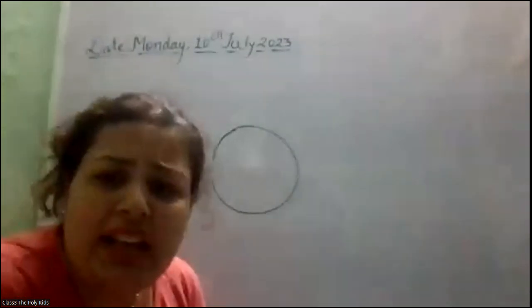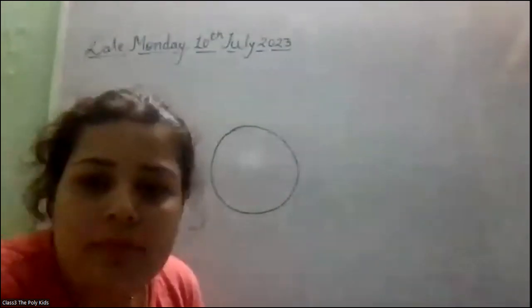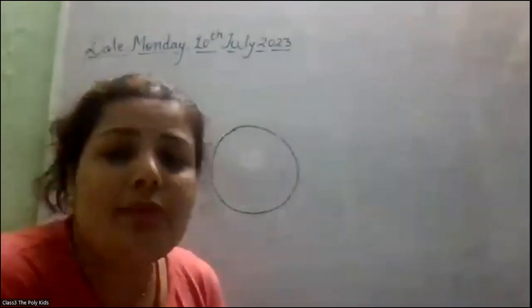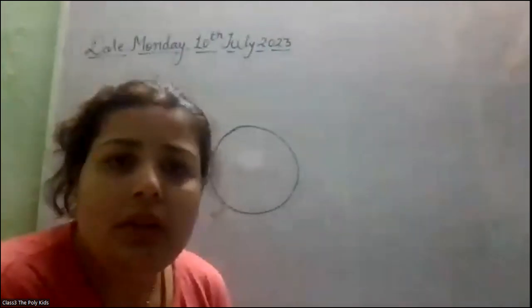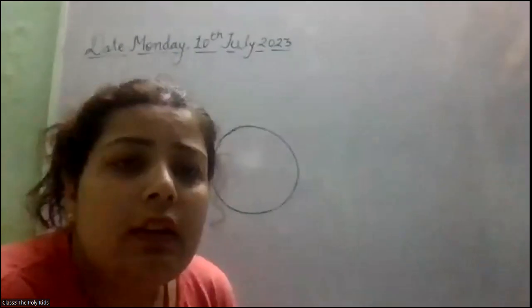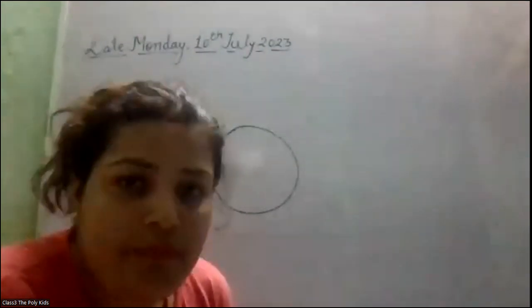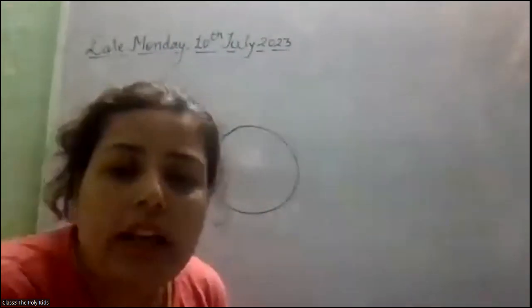So, is there any corner? What do you understand by a corner? क्या समझते हैं आप, एक कॉर्नर किससे बोलते हैं? Vertices. Yes. Ma'am, circle has no corners, no vertices. Yes, circle has no corner and no vertex.